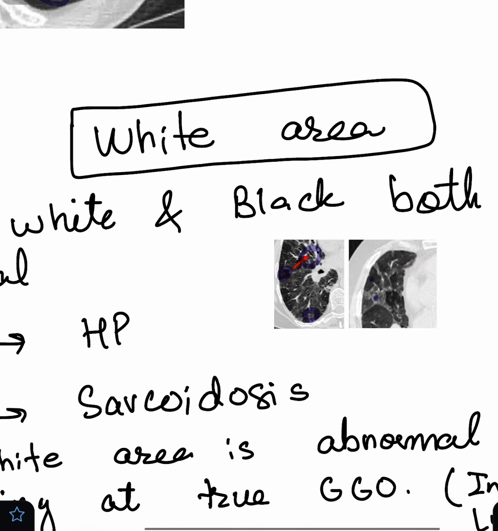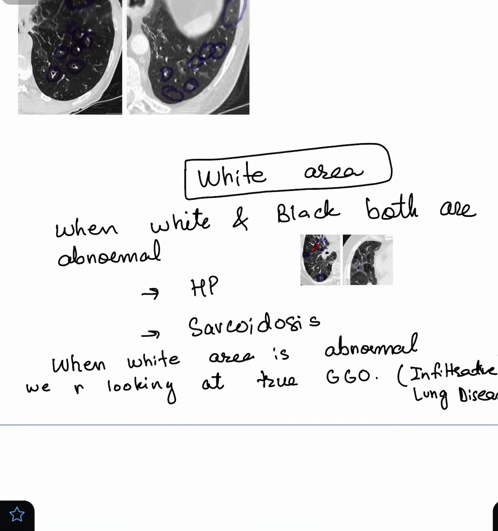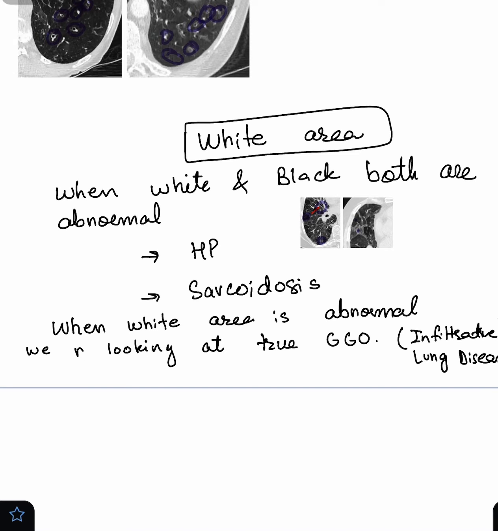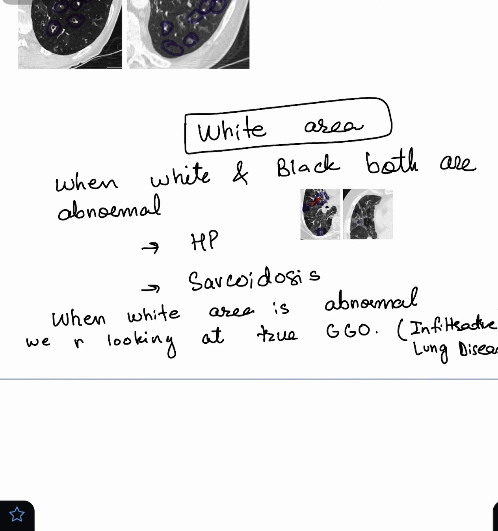In that case, there are certain diseases which need to be ruled out, like HP and sarcoidosis. When the white area is abnormal, then it's more of a true infiltrative lung disease, and we are looking at a true ground glass opacification.